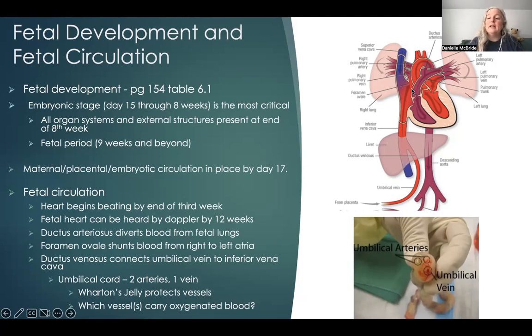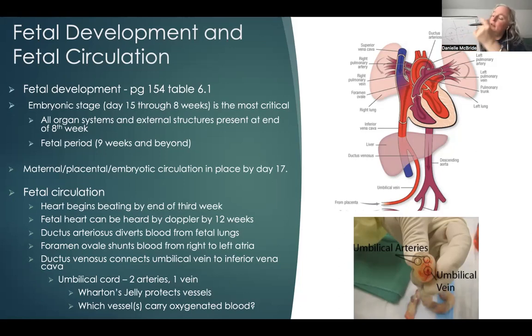Okay, when the blood gets to the baby's heart, we have a couple more shunts that bypass the lungs. So, in my fabulous artistic ability, if this is the heart, and this is the right atrium, this is the right ventricle, this is the left atrium, this is the left ventricle.